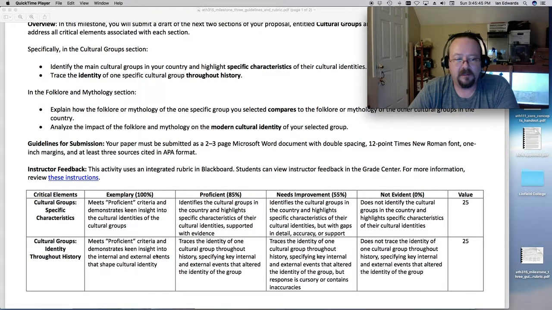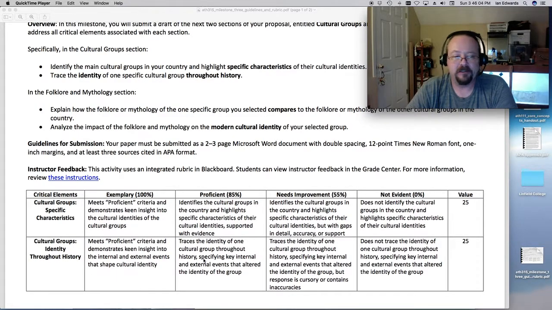Next up, we have trace the identity of one specific cultural group throughout history. Okay, and you can see here that you're going to want to specify key internal and external events that altered the identity of the group.